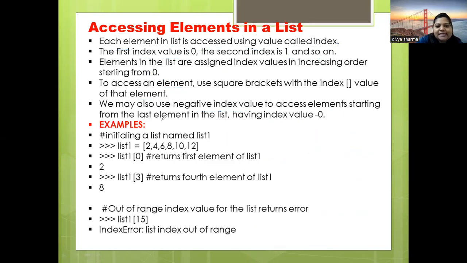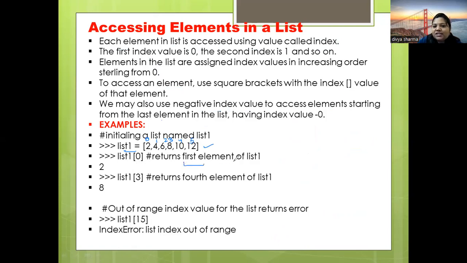Now see some examples. List 1 contains the even numbers 2, 4, 6, 8, 10, 12, and they are stored at the index values 0, 1, 2, 3, 4, 5. List 1 at 0: we are going to access the first element.